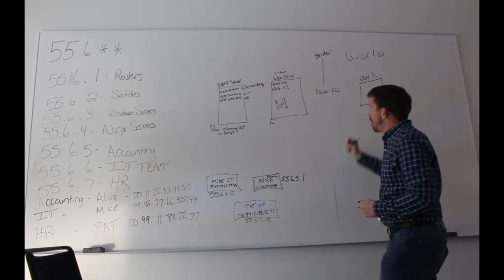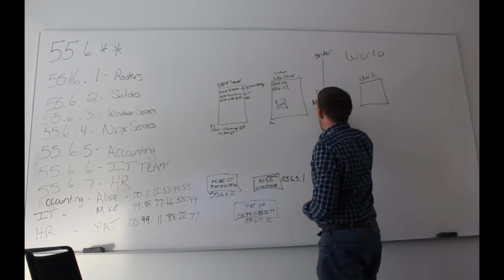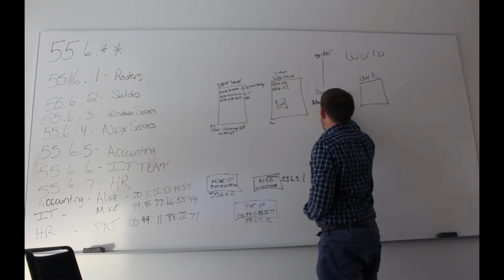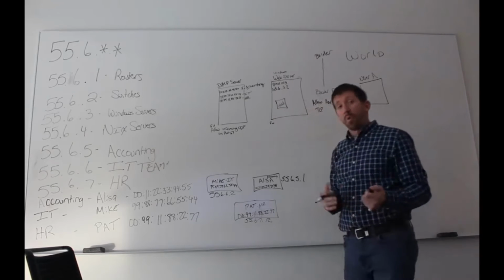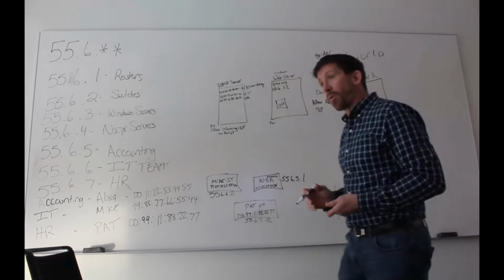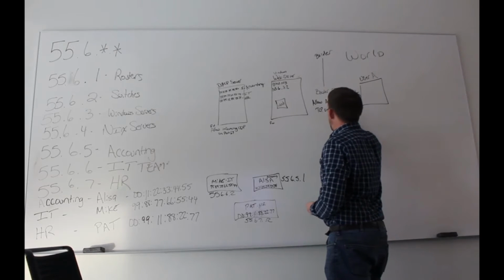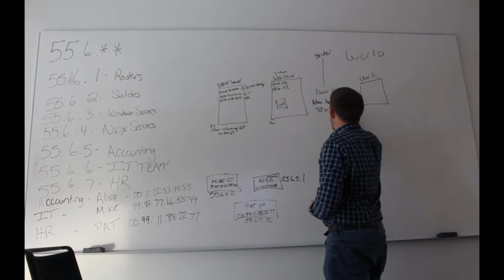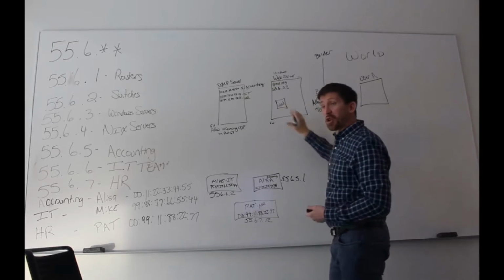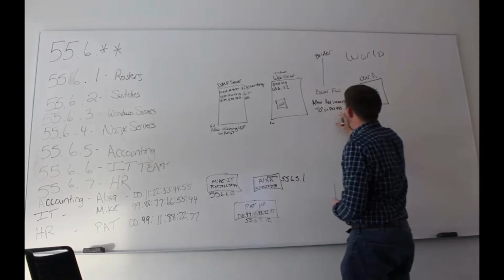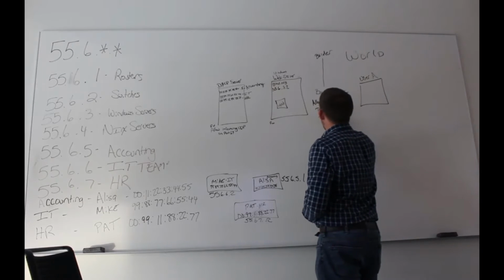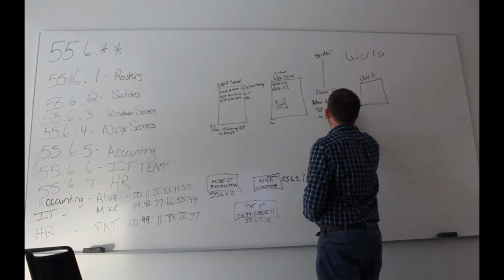So at the border, we're going to create a rule that says allow any incoming TCP traffic, because a web page is going to use TCP protocols, allow any incoming TCP traffic on port 443, because it's a secure service, to 55.6.3.2.